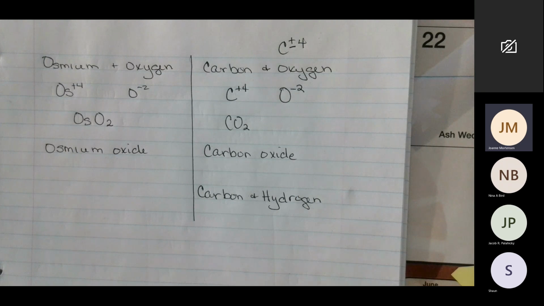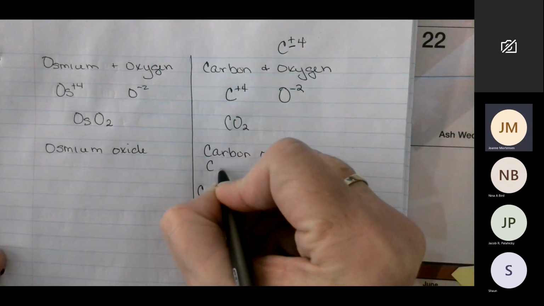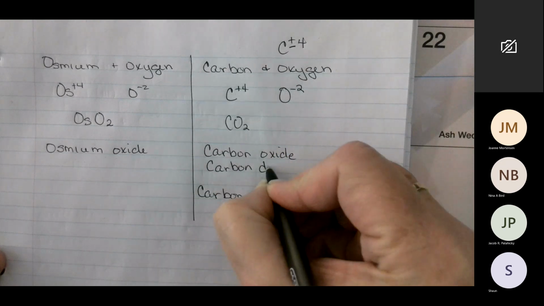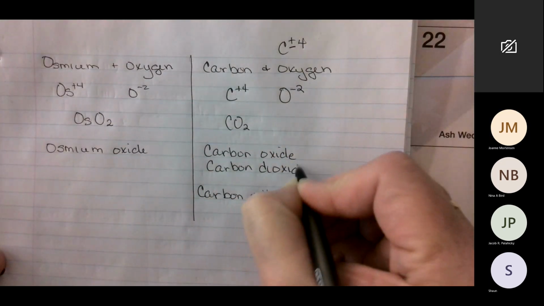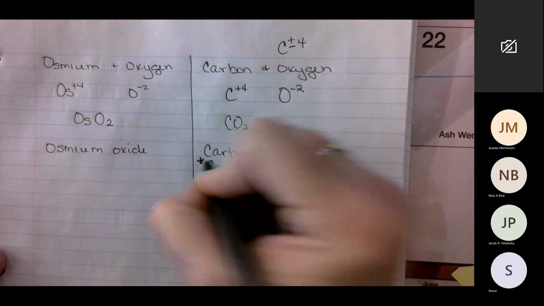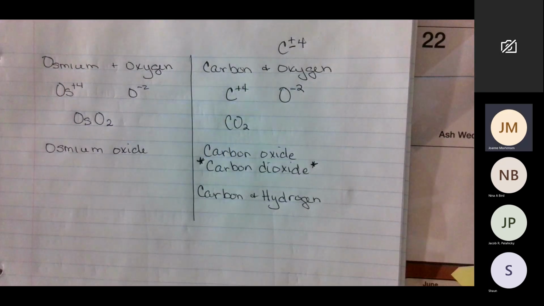But when you want to impress me, you say, hey, I know about that, and we actually usually call it carbon dioxide. This is an exception to the rule. It's just a little bit weird.